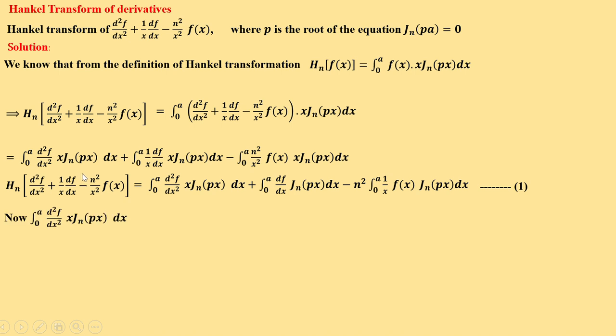Now the integral from 0 to a of d²f/dx² x Jn(px) dx is equal to the integral from 0 to a of d/dx (df/dx) x Jn(px) dx, which is equal to the integral from 0 to a of x Jn(px) times the derivative of df/dx. Just as we cancel dx in the denominator and dx in the numerator, we take it as it is.